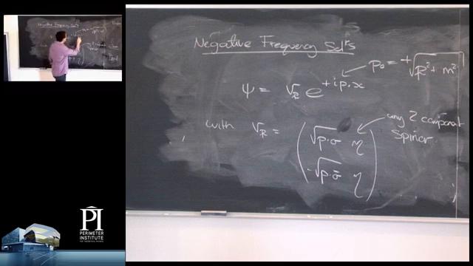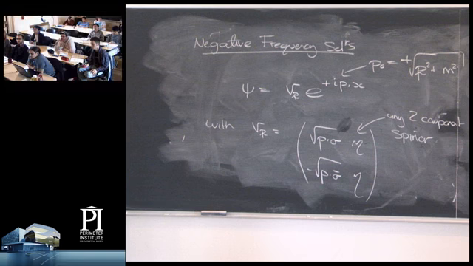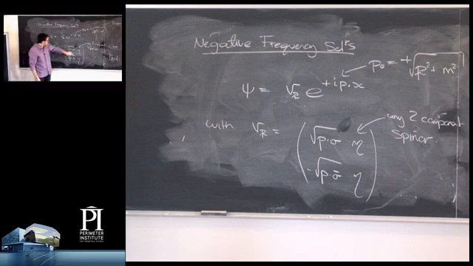Okay. So this is just the usual e to the ipx, the same kind of e to the ipx we have in the scalar. This is the four-component object. And it's given by this. This in itself maybe takes some explanation, because this is a 2-by-2 matrix. And then you take the square root of the 2-by-2 matrix, which basically means you need to find a matrix which squares to that 2-by-2 matrix.